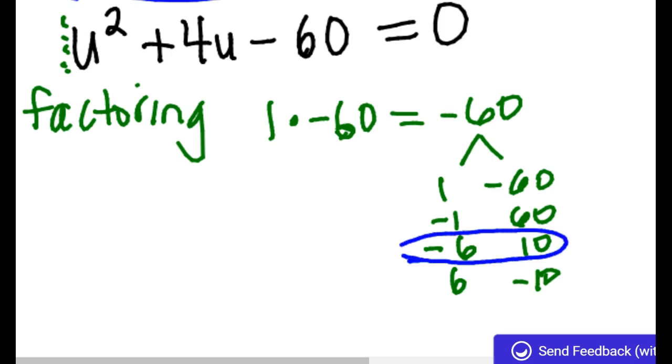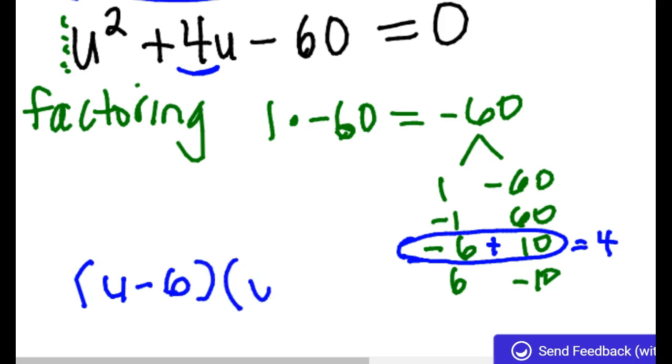Negative 6 plus 10 gives us the positive 4 that we want as our middle coefficient. So now we can set up our parentheses: u minus 6 times u plus 10 equals 0. We don't have to do bottoms up because our leading coefficient was a 1. So this is the factored form.